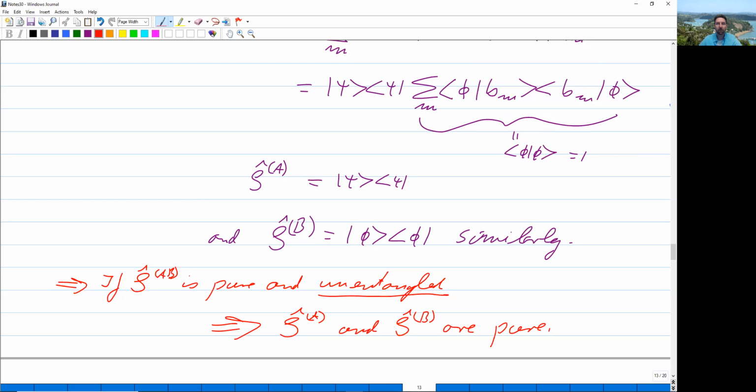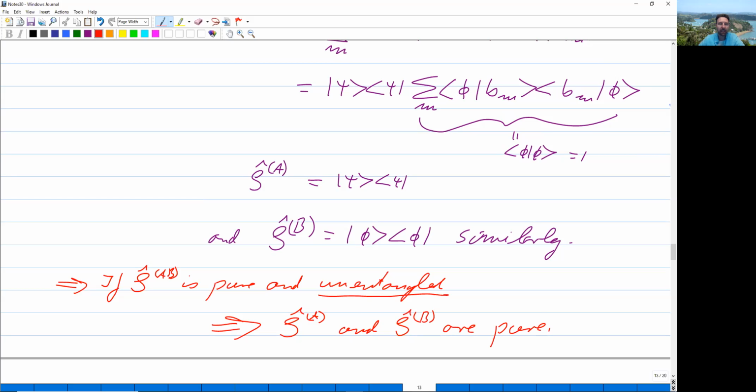By the way, remember that it makes no sense to ask whether rho hat A is entangled. It makes no sense to ask whether the state rho hat B is entangled because system A is not subdivided. System B is also not subdivided. At least we are not subdividing it.